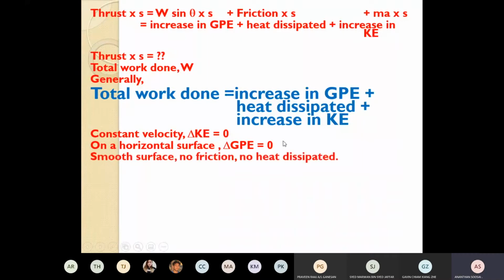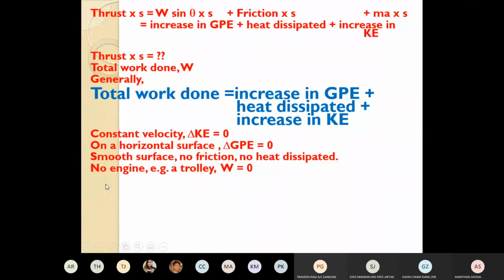And the third: if the question says it's a smooth surface, no friction, there is no heat dissipated. That means whatever work done by the thrust is converted to GPE and kinetic energy. So this is the universal law you have to remember for inclined questions or any movement.